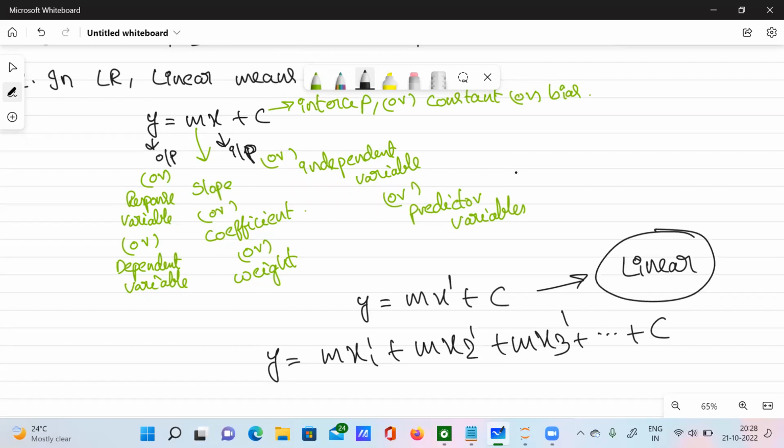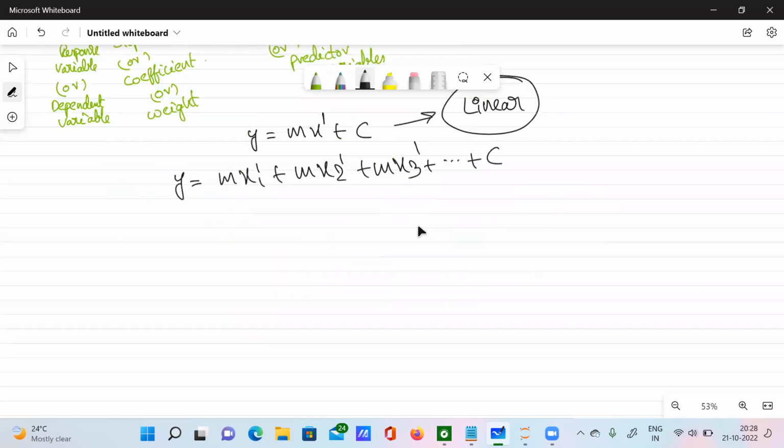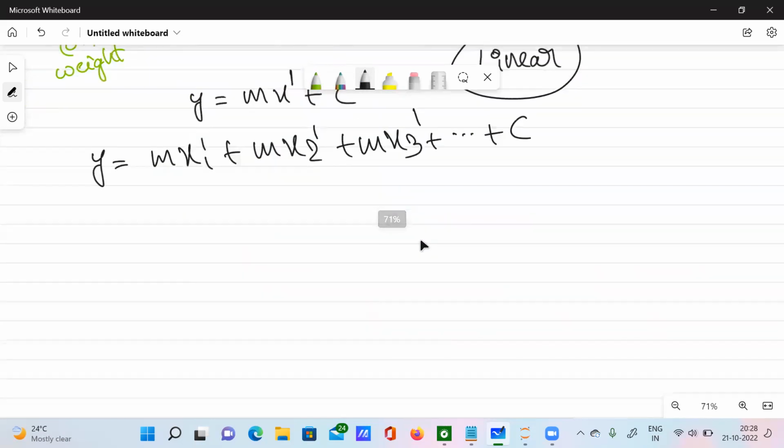But also what's actually happening internally here, just focus on here. See what's going on. This particular independent variable is multiplying with this particular weight, or the slope. This second independent variable is multiplying with the slope m, m1 you can call, m2 and m3.